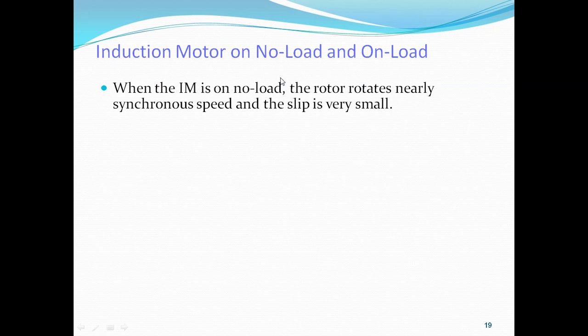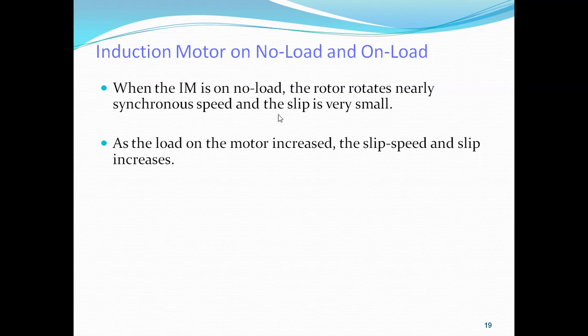So, induction motor on no load and on load. When the induction motor is on no load, the rotor rotates at nearly synchronous speed and slip is very small. As the load on the motor increases, then what happened? Slip speed and slip increase.